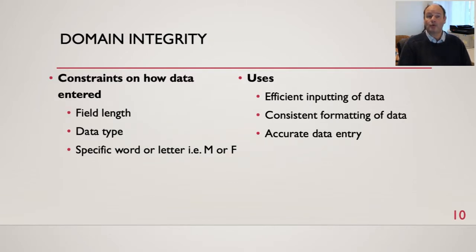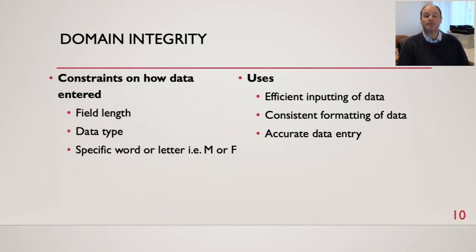As you may recall, we talked about domain integrity in Lesson 1. Since we are talking about various forms of integrity, it would be apt to mention this again. Domain integrity puts constraints or boundaries on what data can be entered into a specific field and how that data should be formatted.